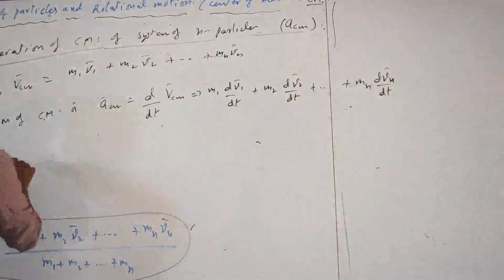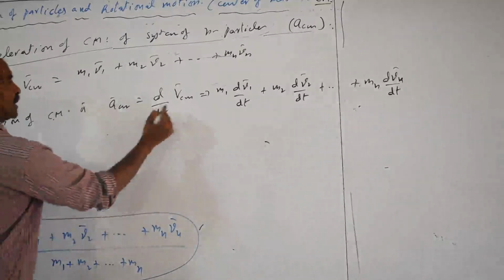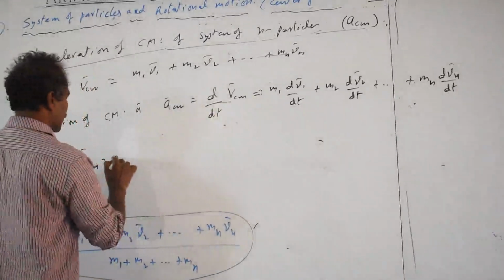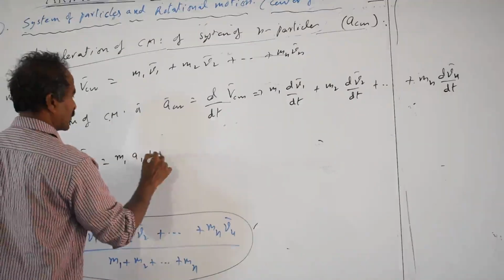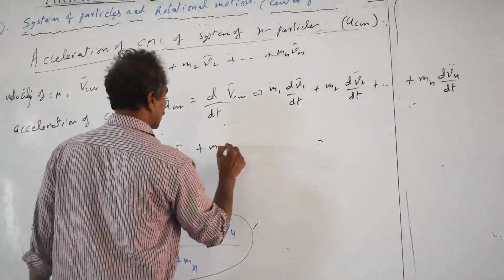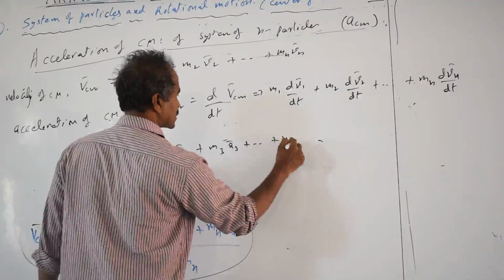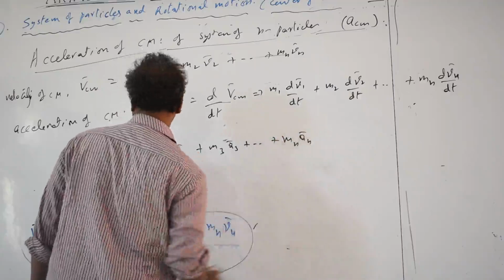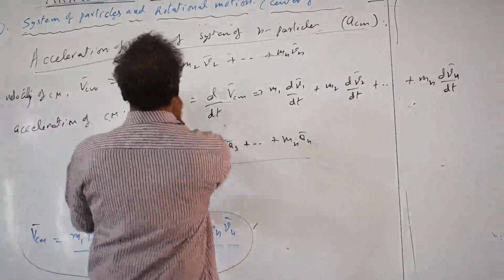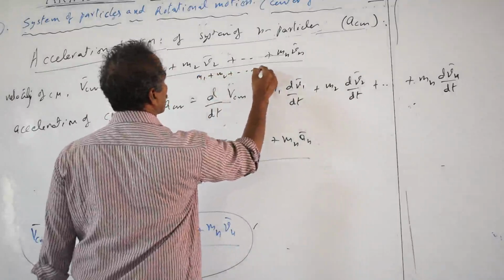Therefore acceleration of center of mass can be written as, since dv1 by dt is a1, m1 a1 plus m2 a2 plus m3 a3 plus and so on plus mn an in vector form, by the total mass m1 plus m2 plus and so on plus mn.